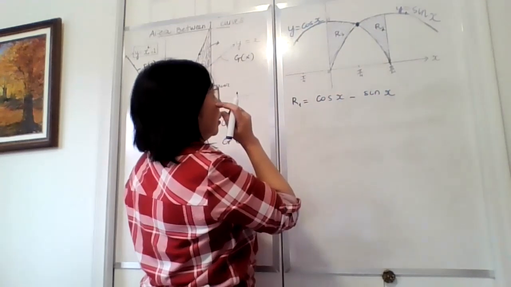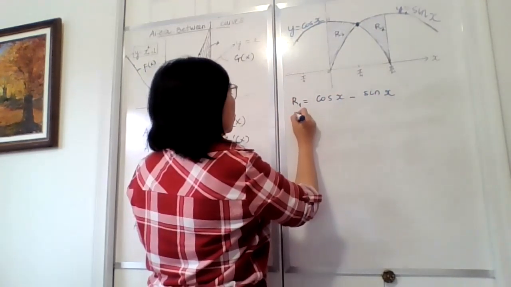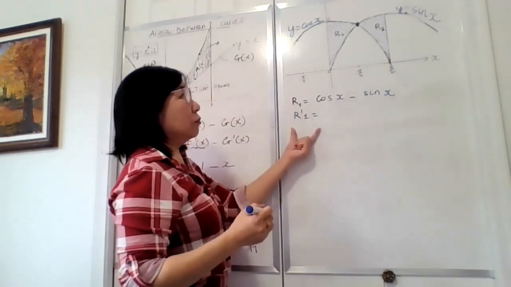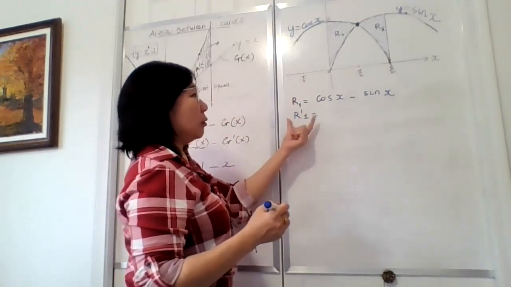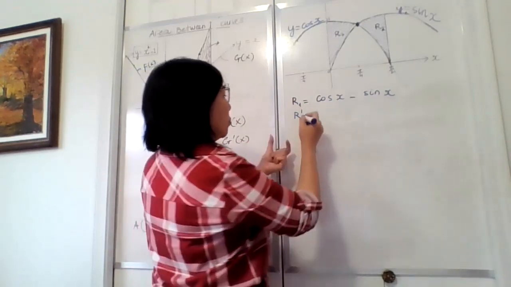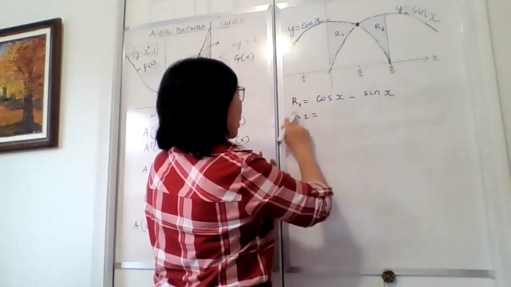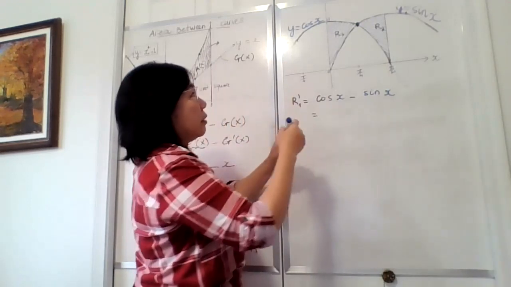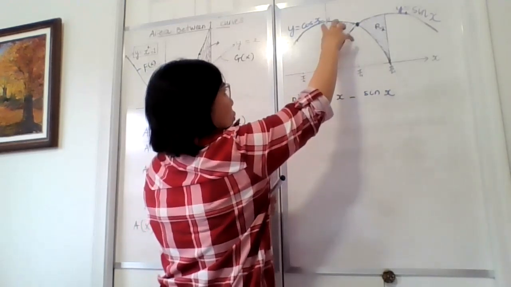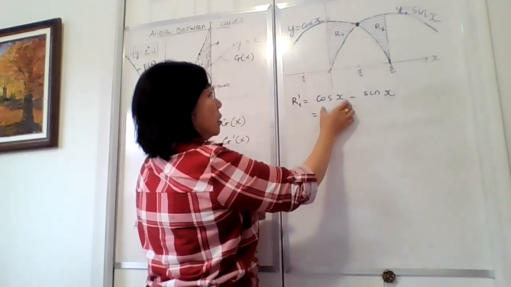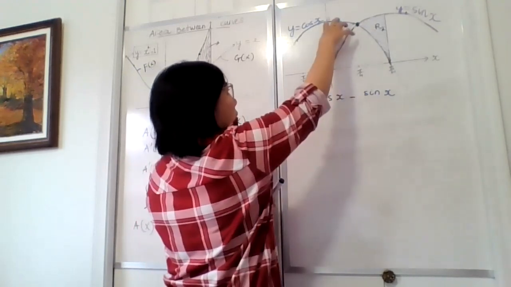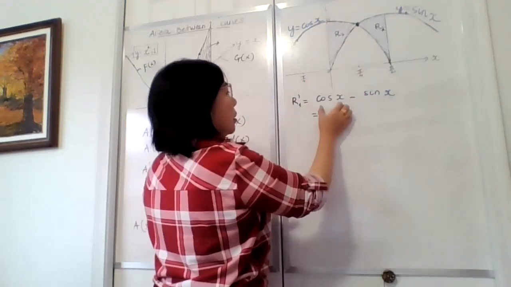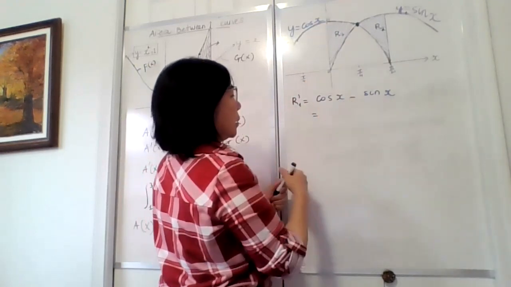And we're going to do integration of R1. We're going to integrate this actually, right? The derivative of the area between the curves is cos x minus sine x.